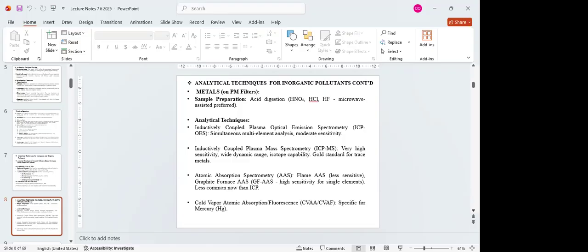Then we have the AAS, which almost everybody, I believe, in this class knows. AAS is simply atomic absorption spectroscopy. It is used for detection of metals, what we call heavy metals like lead, cadmium, chromium, arsenic, and the others, cobalt, and the rest.